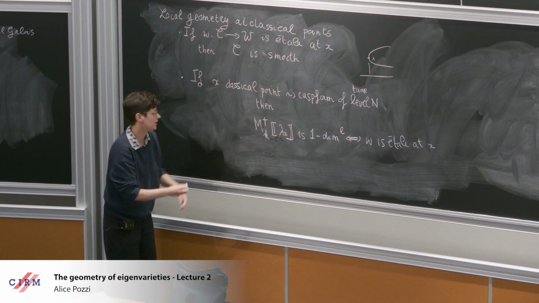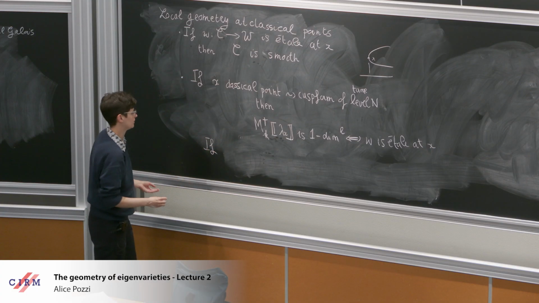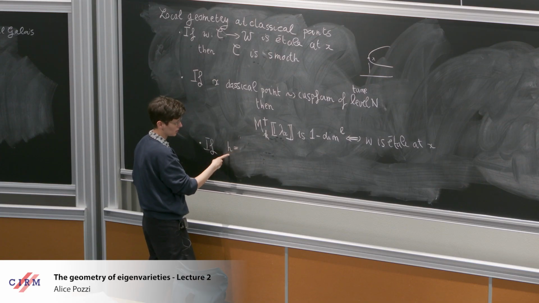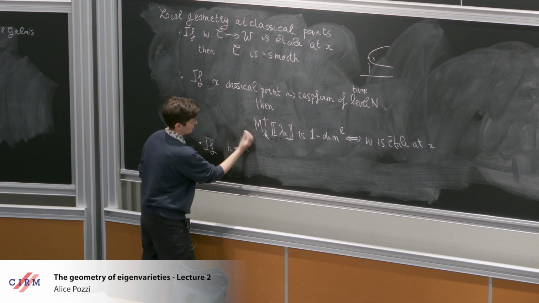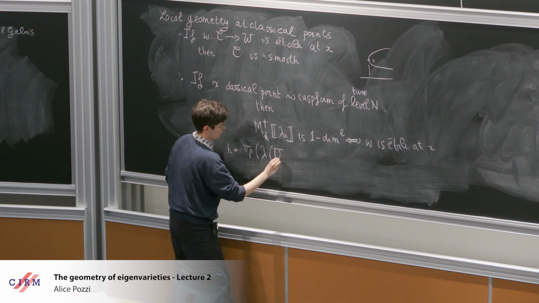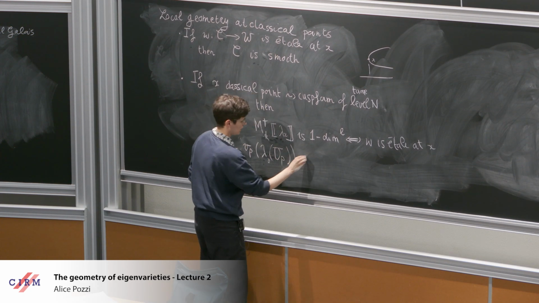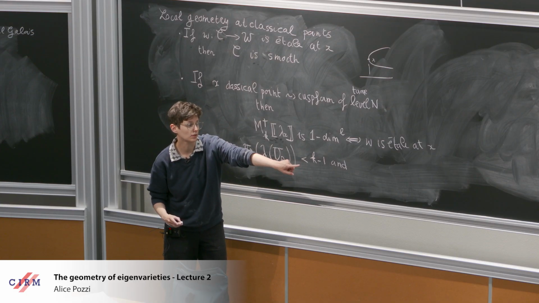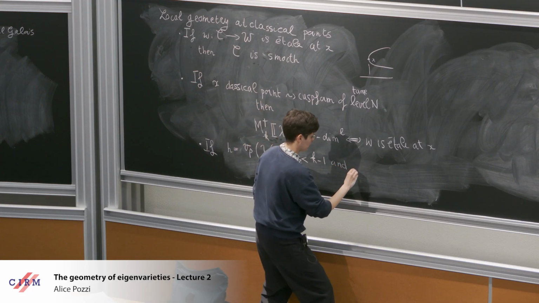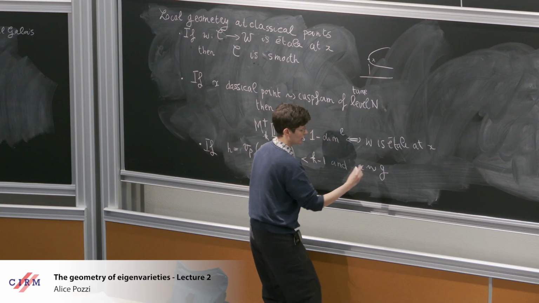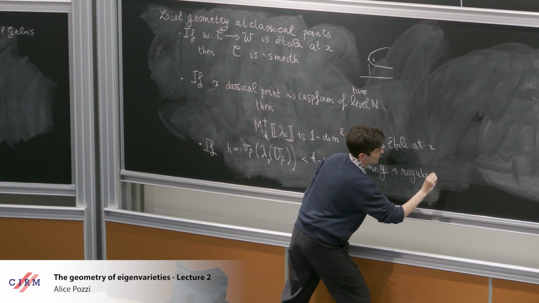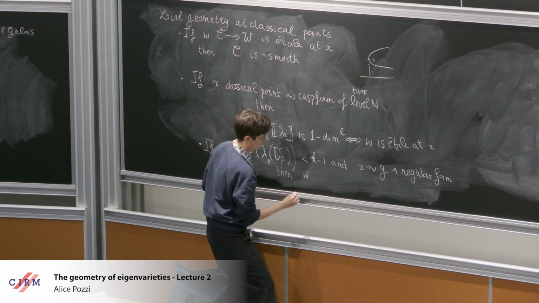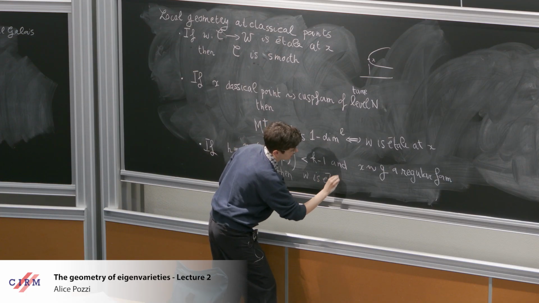And so from the discussion that we just did, the conclusion is: if I do the same thing as before, and I put myself in the case in which h, the slope, so the p-adic valuation of lambda_x(U_p), is less than k minus 1, and I'm in the regular setting, and X corresponds to g, a regular form, then the weight map is étale at X.